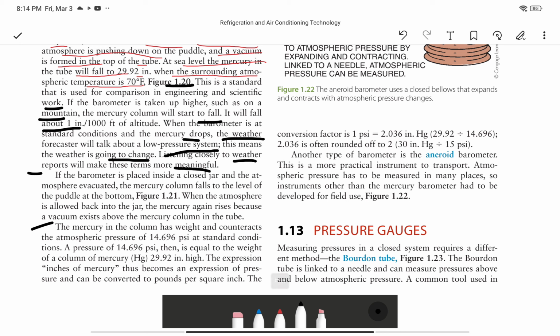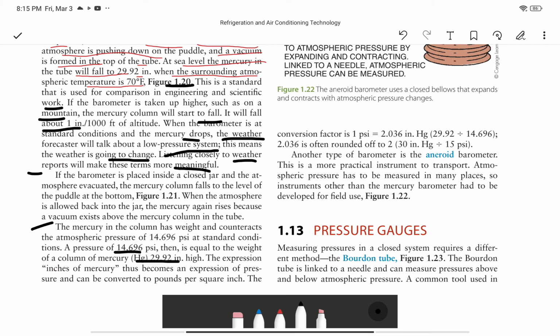Let's read this. The mercury in the column has a weight that counterbalances the atmospheric pressure of 14.696 psi at standard condition. A pressure of 14.696 psi is equal to the weight of the column of mercury 29.92 inches high.